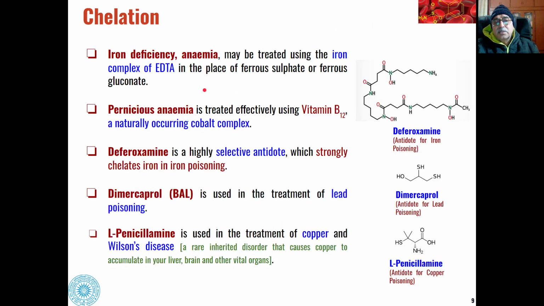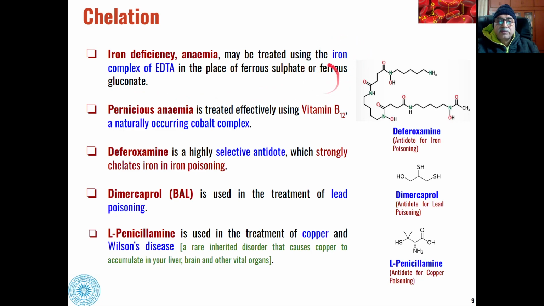Then other examples of different diseases where these complexing agents can act as antidotes. For example, if in the body there is iron deficiency, that is anemia, this can be treated by the iron complex of EDTA in place of ferrous sulfate or ferrous gluconate.